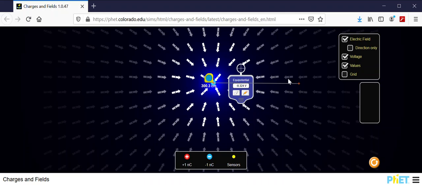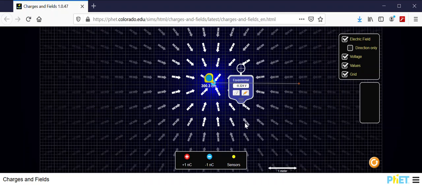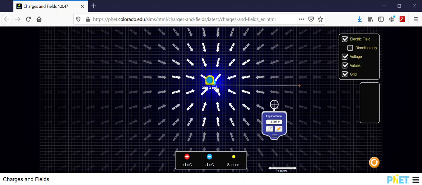To help me out, I can also use a grid. So this is about 3 meters. Maybe if I put the charge at a corner on the grid. Hold on, let me move the charge towards a corner about here.